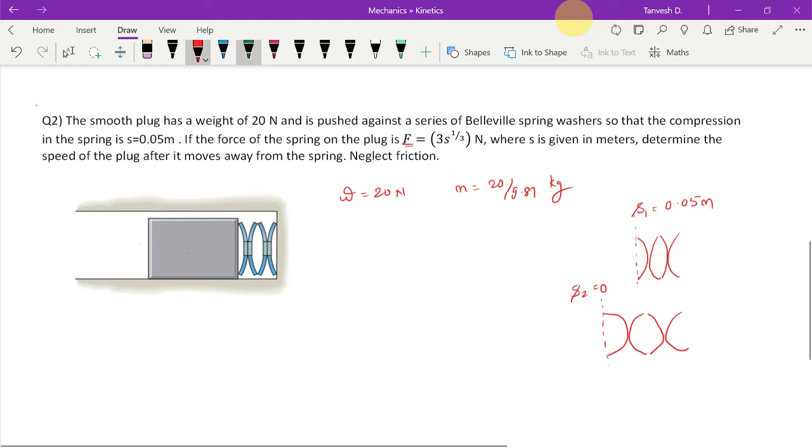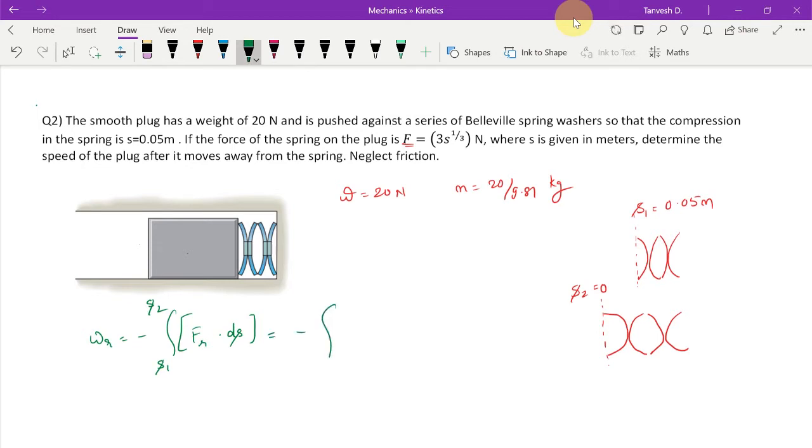Therefore the work done by the resistance will be what? Work done by resistance is minus of integration of S1 to S2, the resistive force Fr multiplied by ds. This is the work done by the resistance, and Fr is already given, so it is minus of integration, S1 is 0.05, S2 is 0, 3s raised to 1 by 3 into ds.